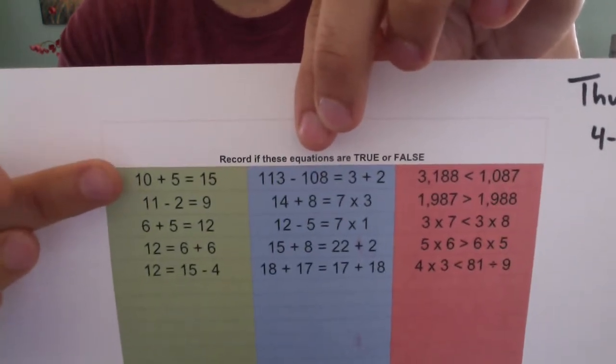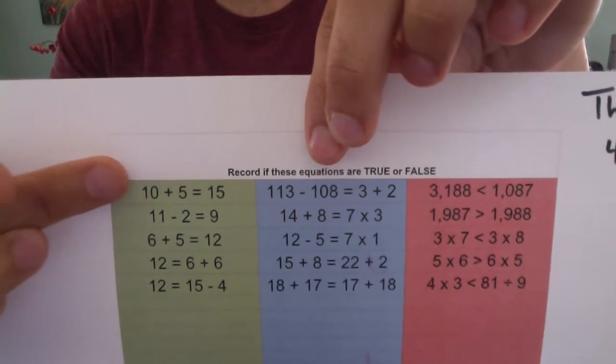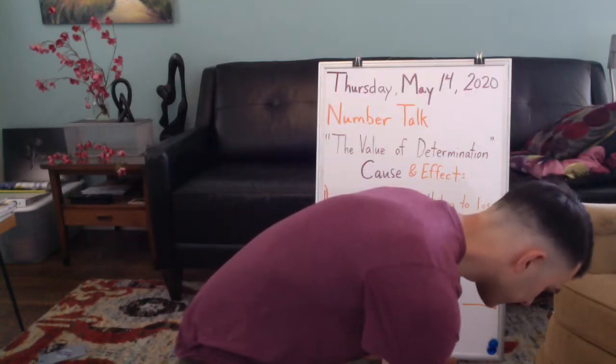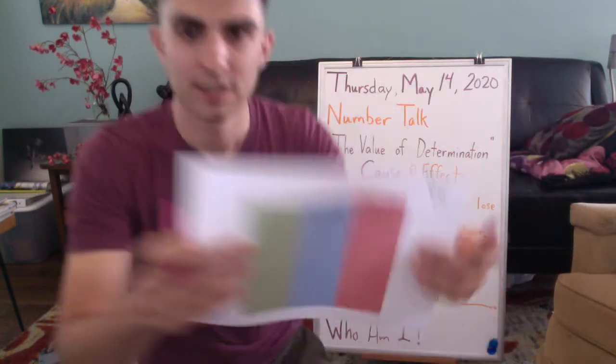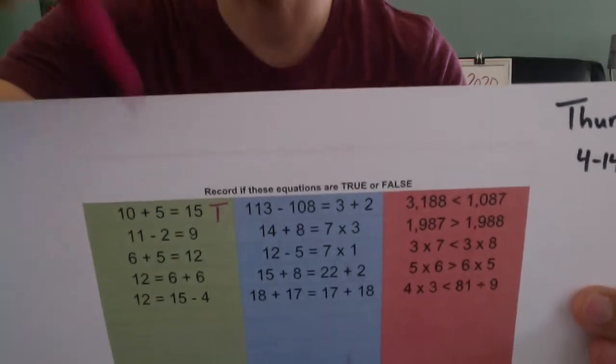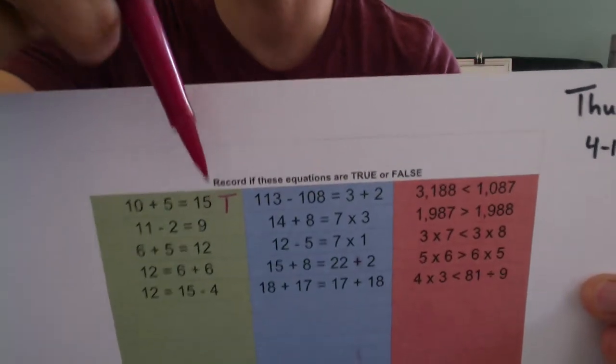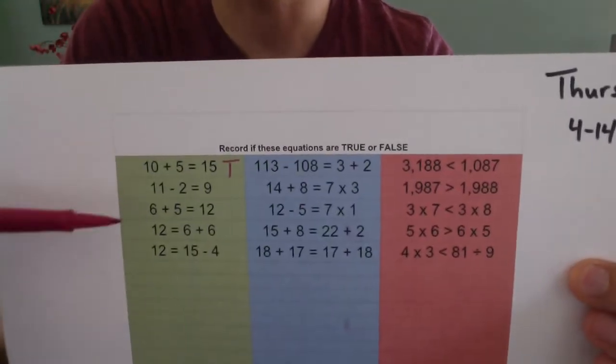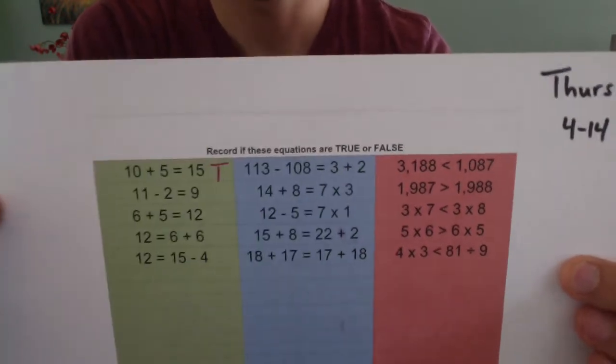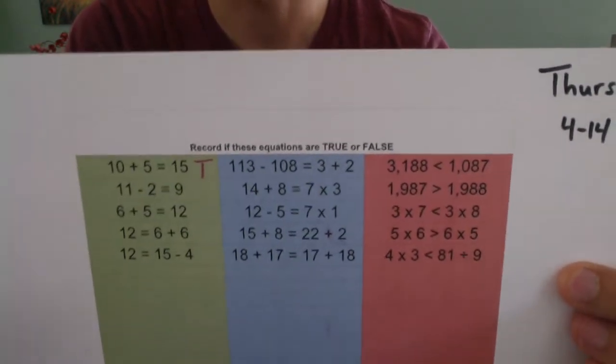But figure out, is this equation true? So 10 plus 5, that does equal 15. So this one is true. And I just recorded a T for true. And then you'll go through, and when you do find false equations, you would put an F for false.